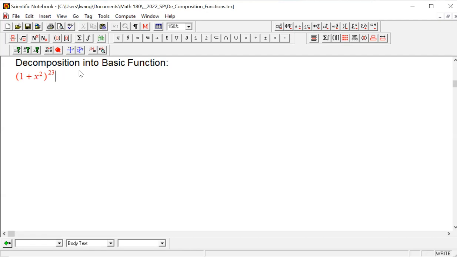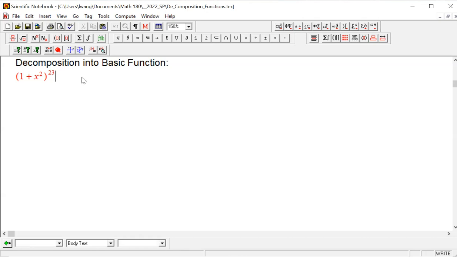These techniques are much needed for your calculus classes.